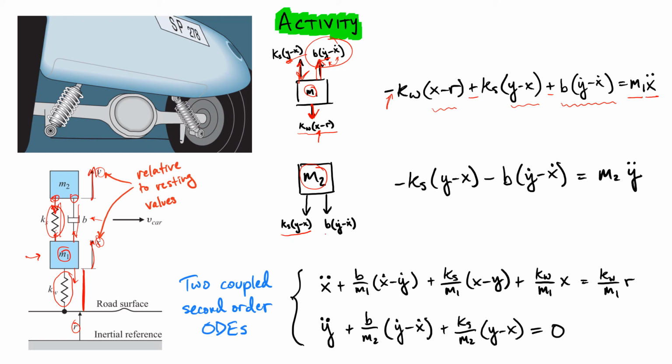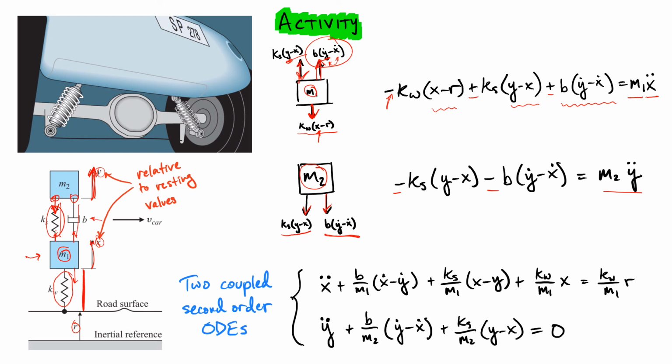The same thing happens here. The important thing about a damper is that it's describing resisting the rate of change of y and x. So these are relative velocities, not relative displacements. These both enter going the opposite direction of y, so they both come in with this minus sign, and you set that equal to mass times acceleration.